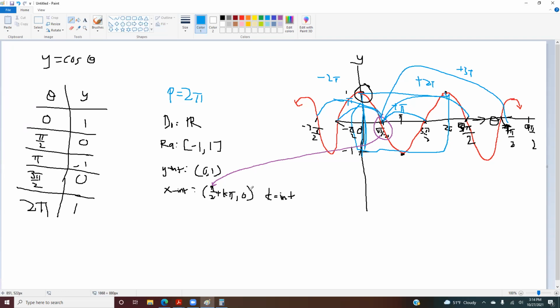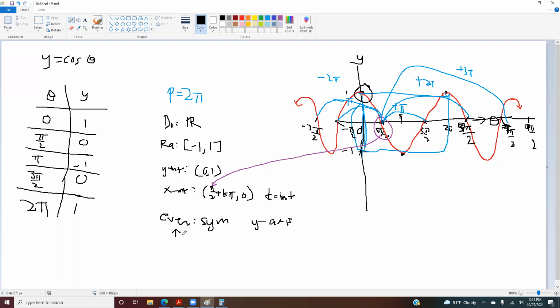So this is how we figure out the x-intercept. And this is going to be an even function. Even function means that it is symmetrical with respect to the y-axis. So if you look at the red line, if you fold this on the y-axis, this red line will coincide on the other side.